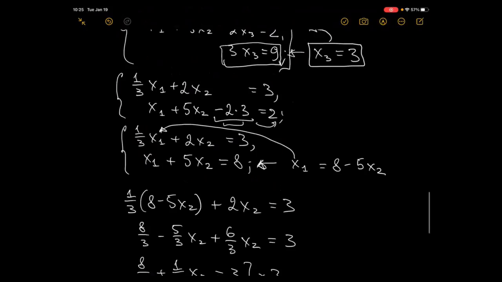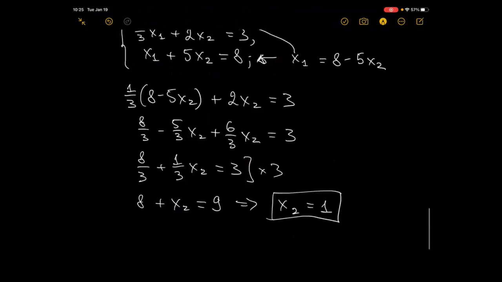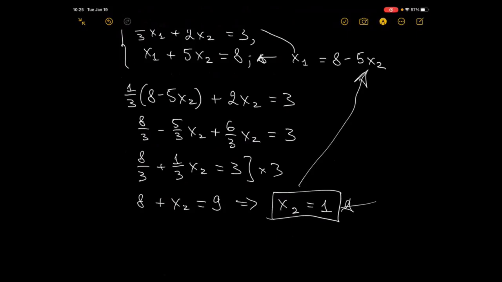Pay attention, I know already x3, I know x2, and now I can substitute this x2 here. I will get that x1 equals 8 minus 5, so correspondingly, x1 equals 3. Is it clear or not? It's clear. Okay. Now, how else can I work with this system?